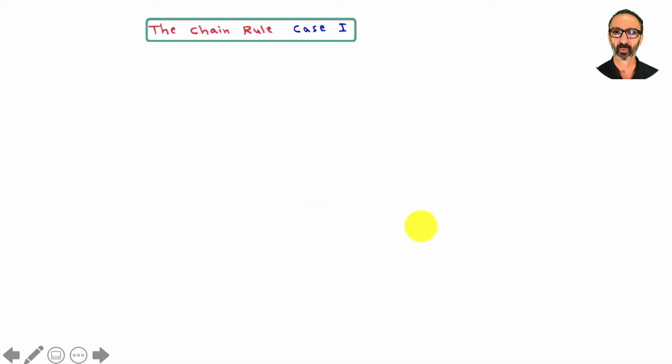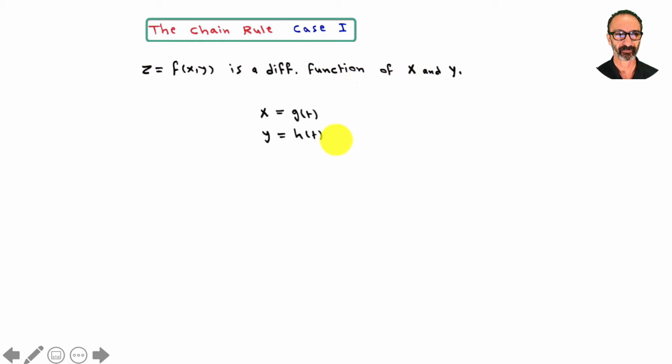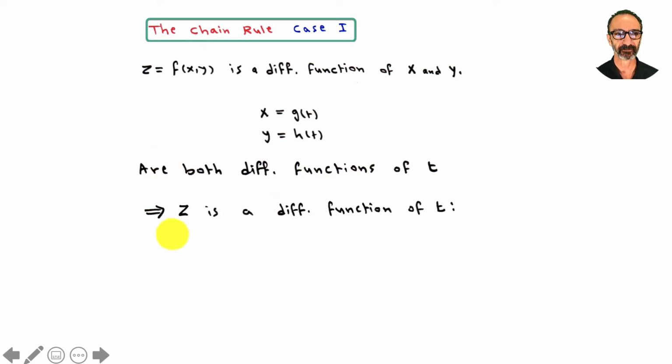Here's case 1. z is a differentiable function of x and y, where x equals g of t and y equals h of t. So both variables x and y are actually differentiable functions of t.